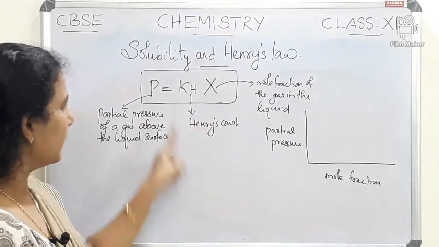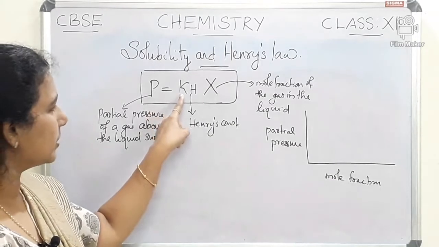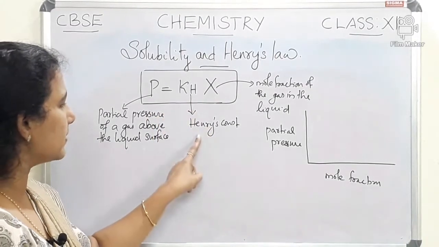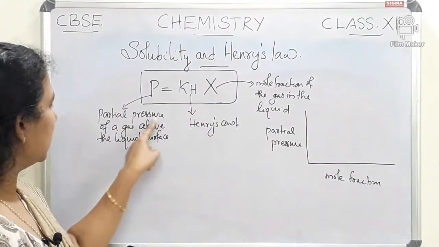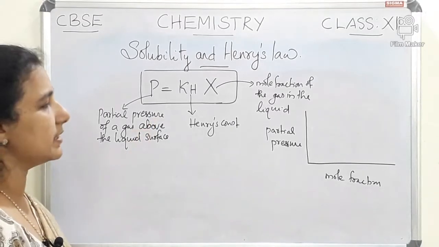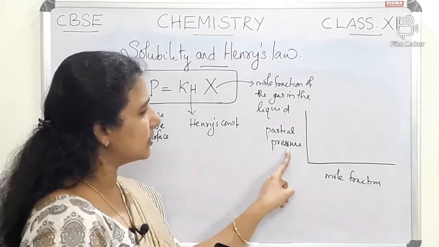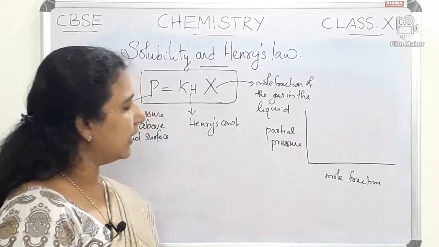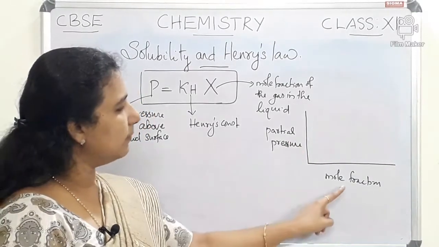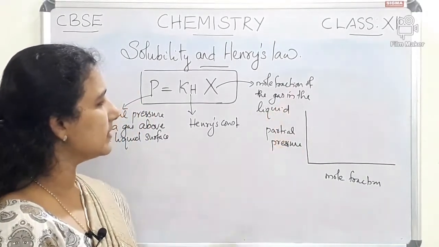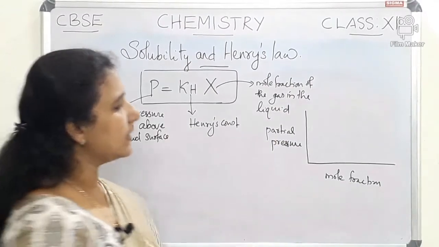That is Henry's law. So this is P equals Kh into X, where Kh is Henry's constant. The partial pressure of a gas above the liquid surface is taken on the y-axis, and the mole fraction of the gas in the liquid is taken on the x-axis.